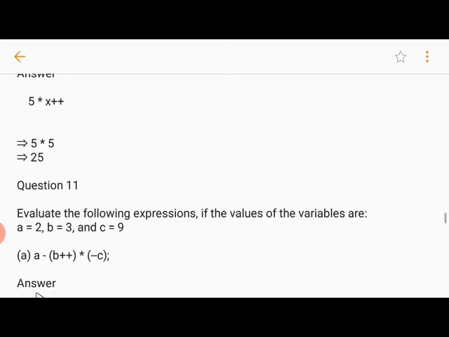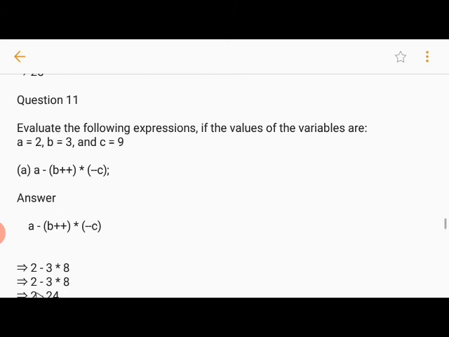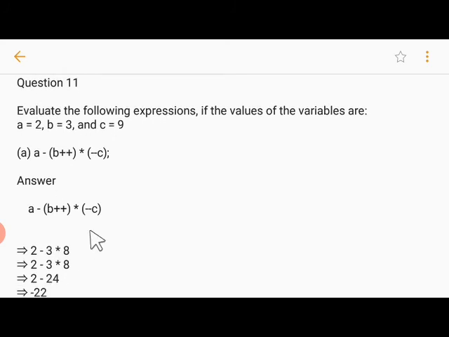After that, students, we discuss question number 11, which says: evaluate the following expressions if the values of the variables are a is 2, b is 3, c is 9. So a - b++ * --c. Here, students, 2 for a, b is post increment, so it will be taken as it is, that is 3.